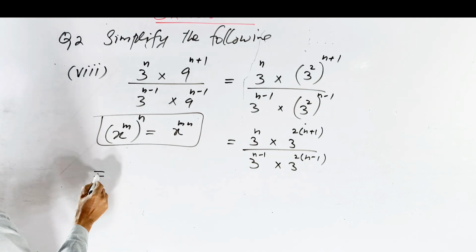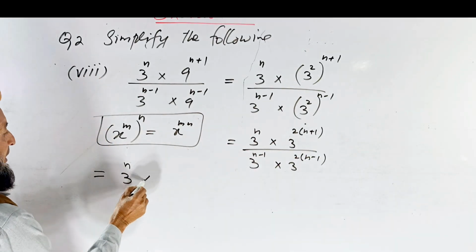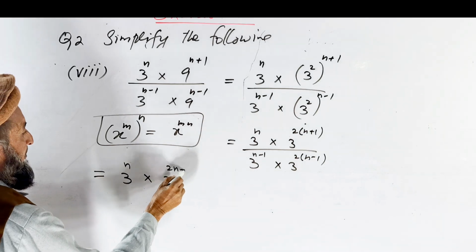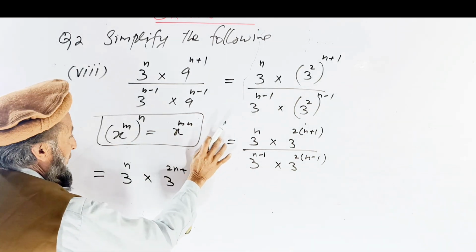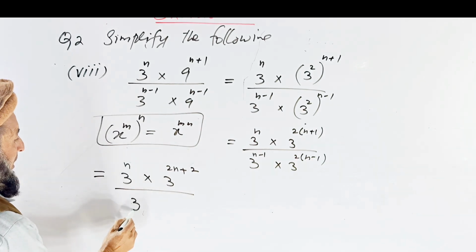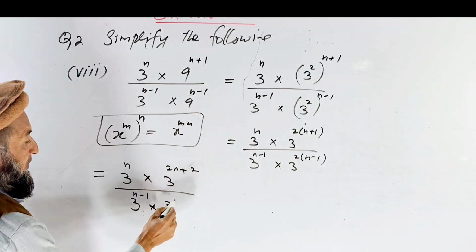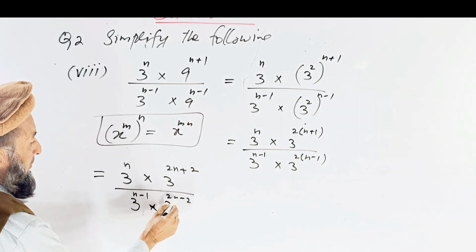Now look here, first we multiply this term 3 power n multiplied by 3 power 2n plus 2, divided by 3 power n minus 1 multiplied by 3 power 2n minus 2.